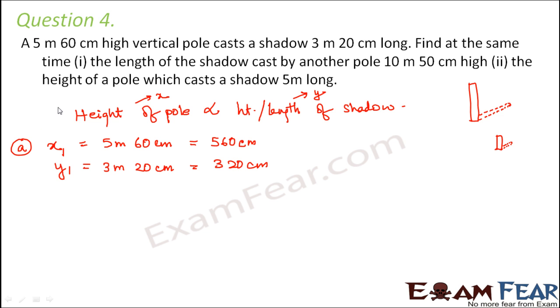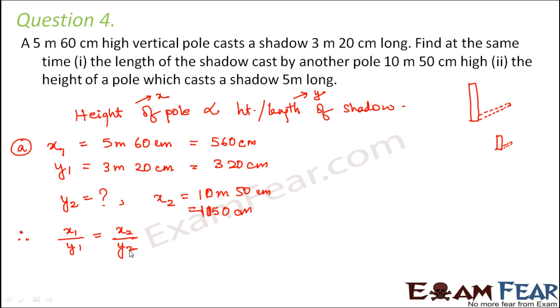So in the first part of the problem, we have to find out the length of the shadow. That means we have to find y2, such that x2 is given as 10 meter 50 centimeter, which is equal to 1050 centimeters, because 10 meters would be 1000 centimeters plus 50. So again, using the same logic, x1 by y1 is equal to x2 by y2.